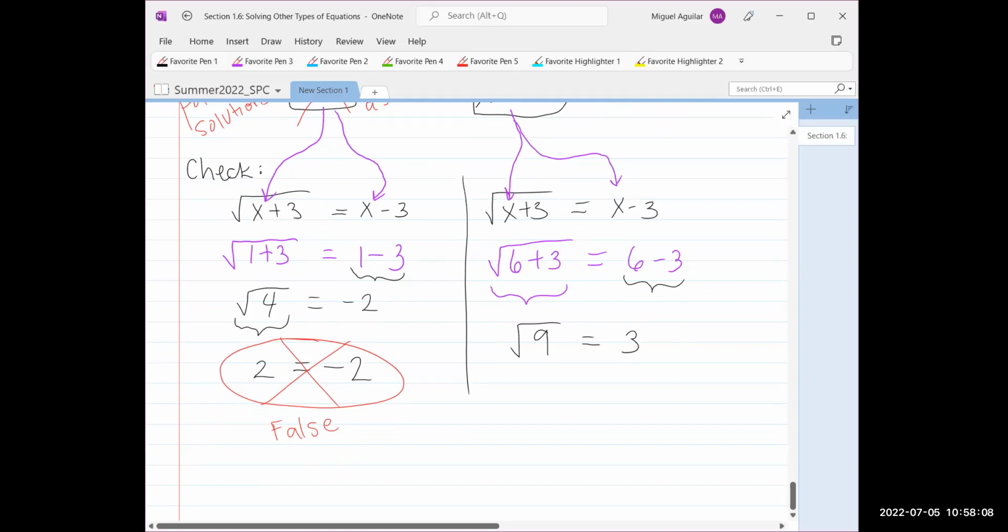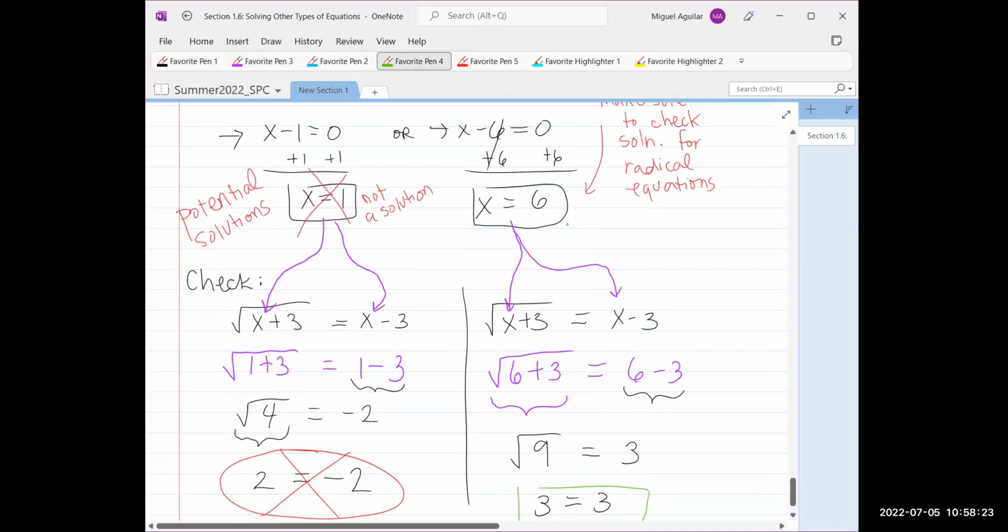What's the square root of 9? 3. And we get the statement 3 is equal to 3. Is that a true statement? Yes. This is true, which means that this is the only solution. We only had one valid solution out of a set of 2 potential solutions.